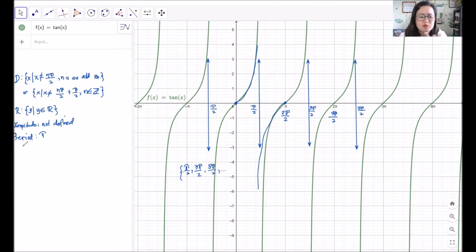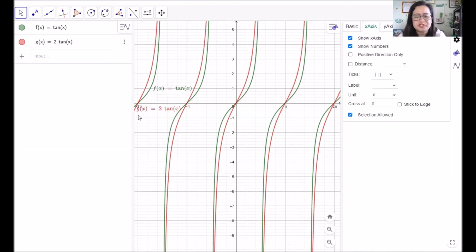Now we were able to describe the different characteristics of the tangent function. Now let's study the different effects of changing the values of a, b, c, and d.